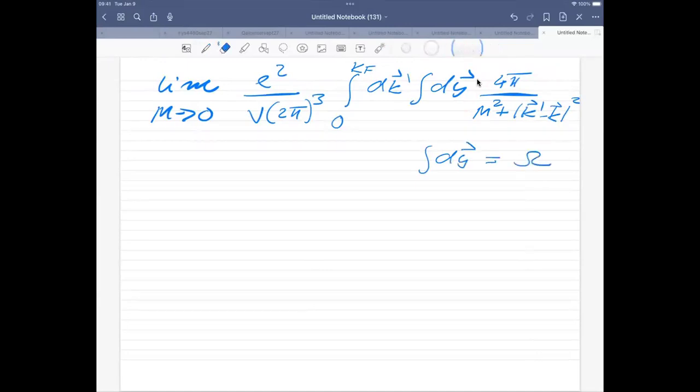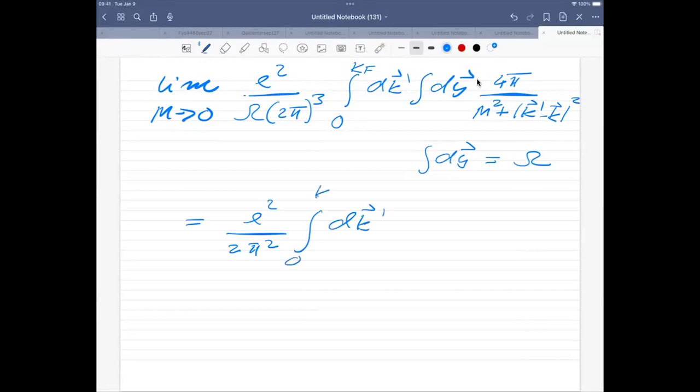Sorry, I should also have a volume element which I have labeled with an omega here. Now, I get a volume element which then cancels that piece, and I can take the limit with mu goes to 0. So what I get then, when I take the limit, is that this is going to be equal to e squared divided by 2 pi squared, and then I have an integral over dk prime, and this goes up to the Fermi level, up to kf here, and this is divided by k prime minus k squared.